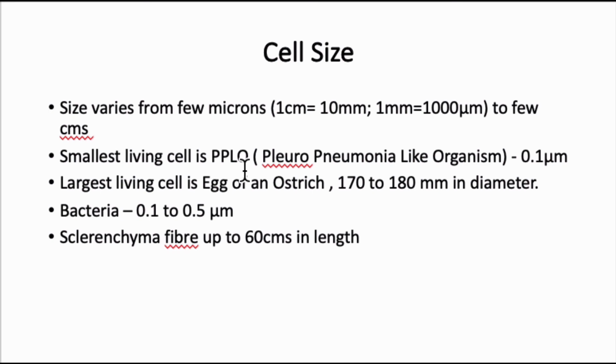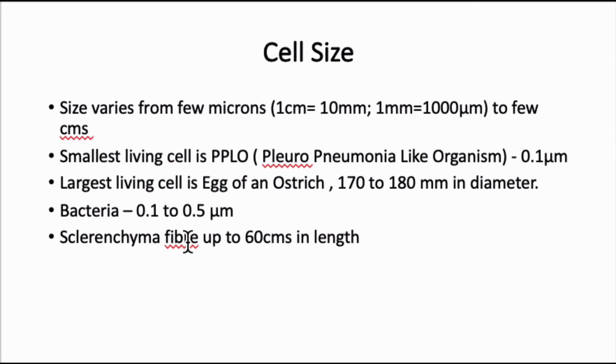So shape and function always go together. Same thing, we talked about size. Size varies from a few microns all the way to a few centimeters perhaps. The pleuropneumonia-like organism, PPLO, is the smallest living cell that we are aware of. The largest living cell is an ostrich egg. Okay, that's 180 millimeters. So it's huge.